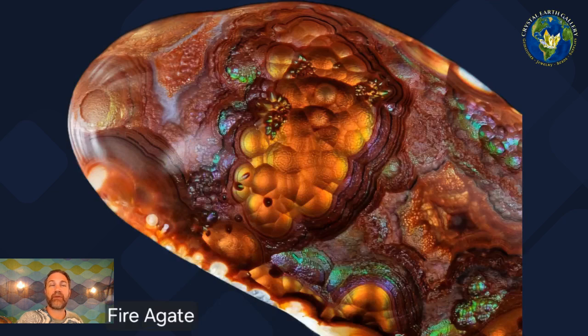Anybody that knows this stone, feel free to comment if this is one of your favorites. This is a lot of people's favorite stone because of just how striking it is. Brown with this iridescent rainbowy flash. It grows in botryoidal shapes. You can see those round bubbles. That's the botryoidal.